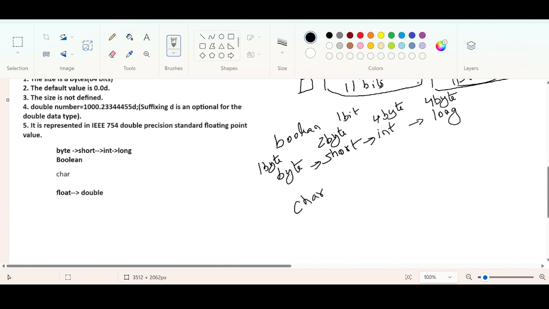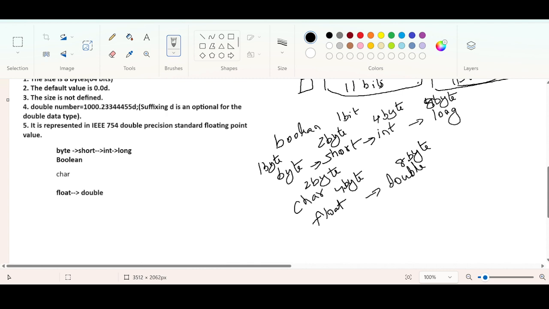Character is going to consume 2 bytes of memory, right? And float consumes 4 bytes. Long is going to consume 8 bytes, and double also 8 bytes of memory.